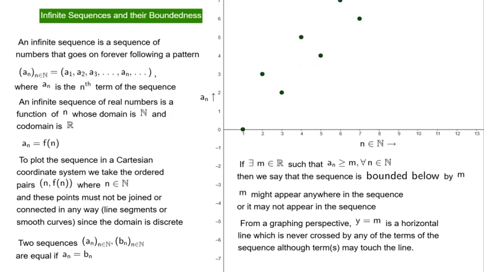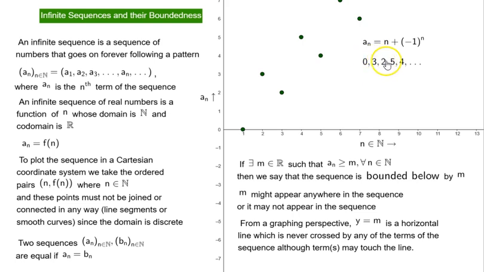Now here the function of n, that is a sub n, is equal to n plus minus 1 to the power of n. So we basically have, when n is 1, 1 plus minus 1, so 1 minus 1 is 0. When it is 2, minus 1 squared is 1, so 2 plus 1 is 3.